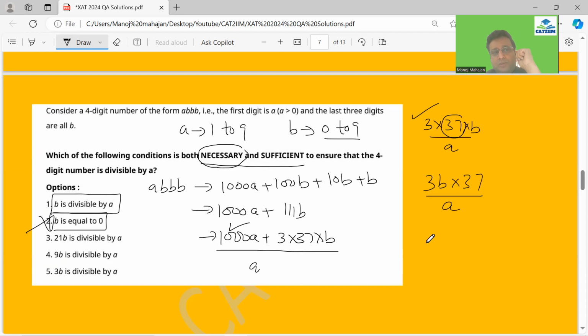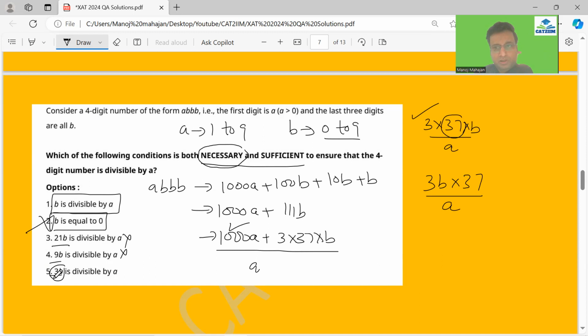In the options out here, the third, fourth, and fifth are 21B, 9B, 3B. The more interesting part is this 3B, not the 9B and 21B. So I think options 3 and 4 should definitely not be the answer. Students would get confused with option 1 and option 5. So 2, 3, 4 could have been ruled out easily.